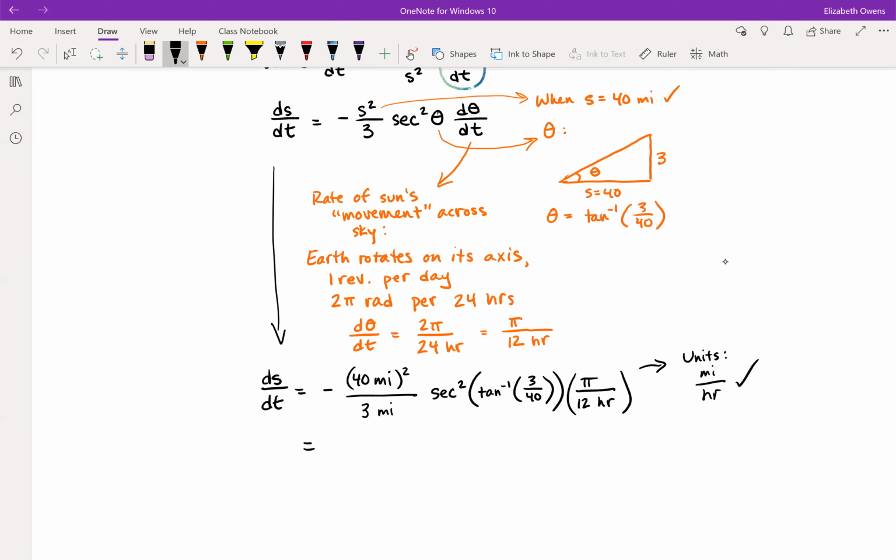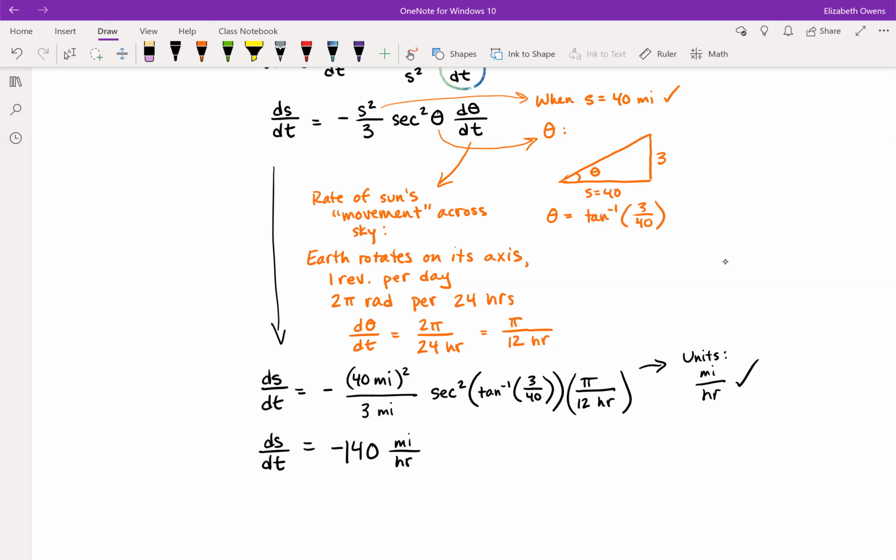Yeah, if you plug this in very carefully, you should end up getting a nice even negative 140 miles per hour. Okay.